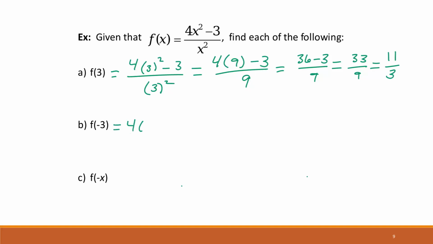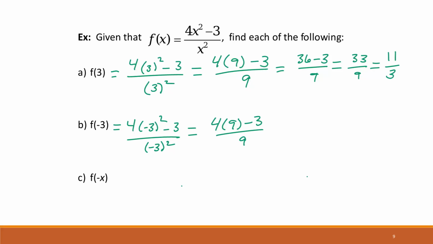So here we're substituting in negative 3. And what I want you to remember is that a negative squared is just a positive. So you're going to get the same thing that you got in the previous problem. So let's go ahead and do it. Negative 3 times negative 3 would give us a 9.